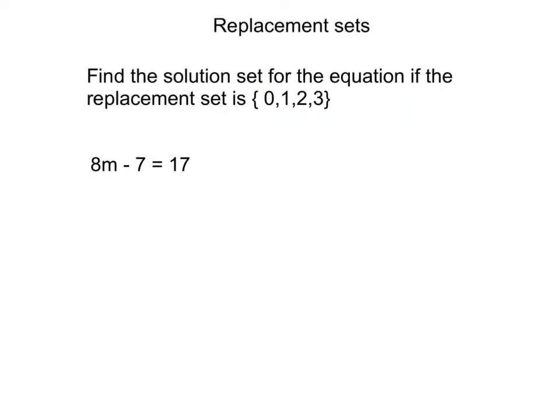To solve an equation using replacement sets, you replace the variable with the numbers that have been provided. So let's take a look at this example. Find the solution set for the equation if the replacement set is 0, 1, 2, and 3. So what we do is we want to set up a table, and you can just sketch this.